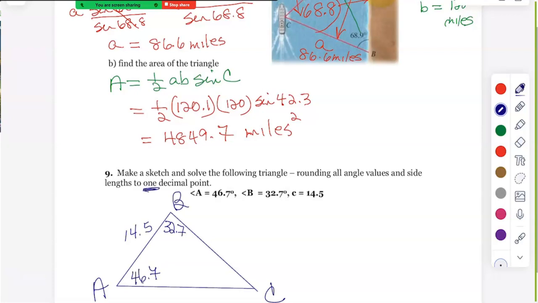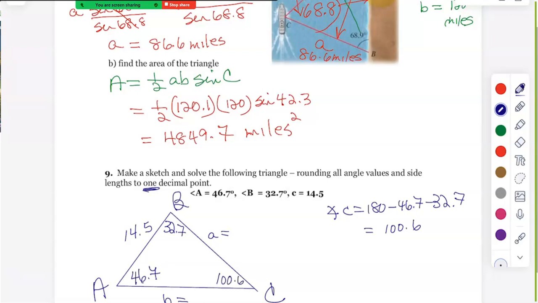So my mode is on degrees and my float is on 1. You need little side A, you need little side B, and you need this angle C. You can do nothing until you get the angle C. So to get angle C, you're going to take 180 minus 46.7 minus 32.7, and you will get angle C is 100.6.